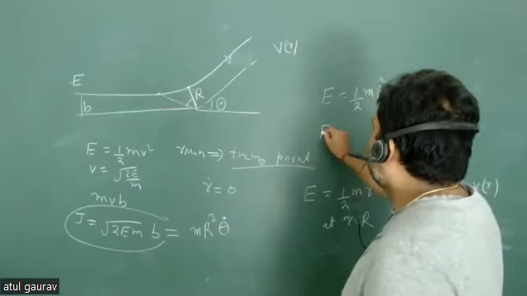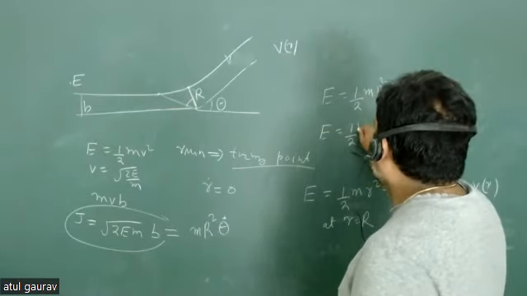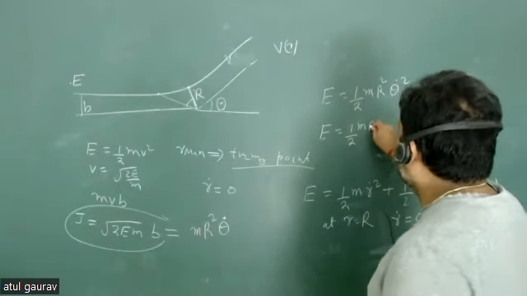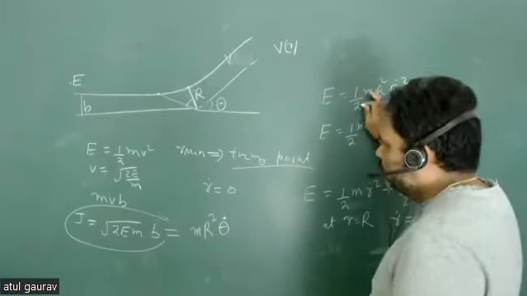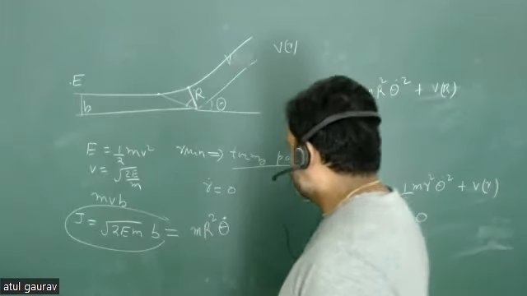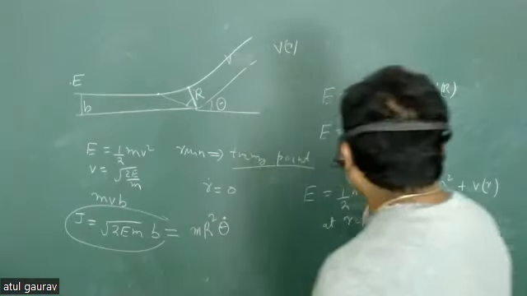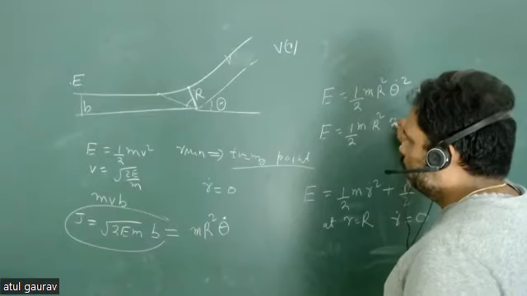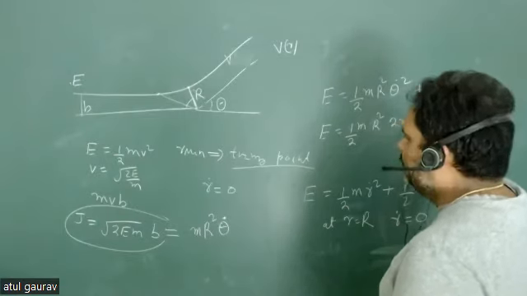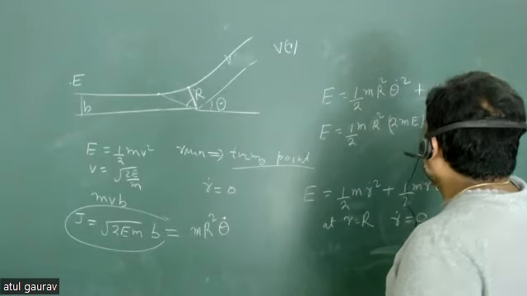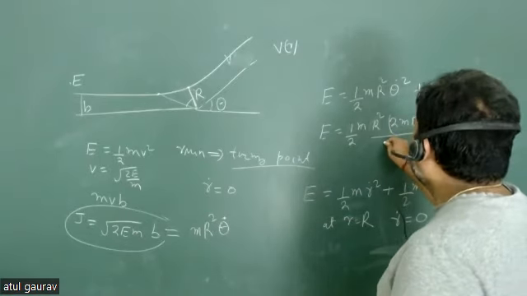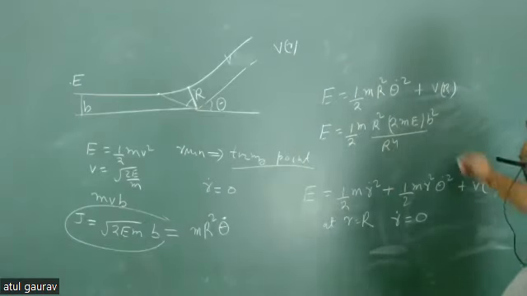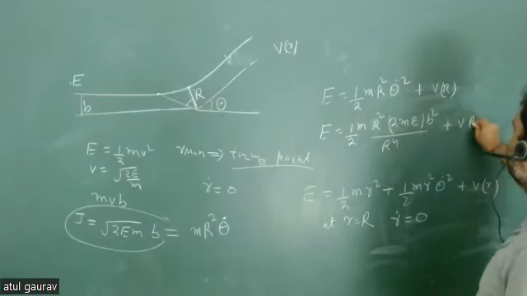So this E is equal to half m. What is R square? एक R square को theta dot square लेना है ना. So इसको नीचे divide कर देते हैं. So what do you have? m R square. What will be this value? 2mE into b square by R to the power 4. Clear है ये? Plus some potential energy V(R).